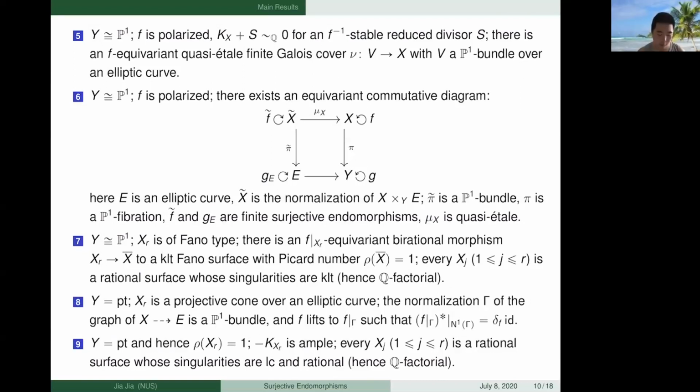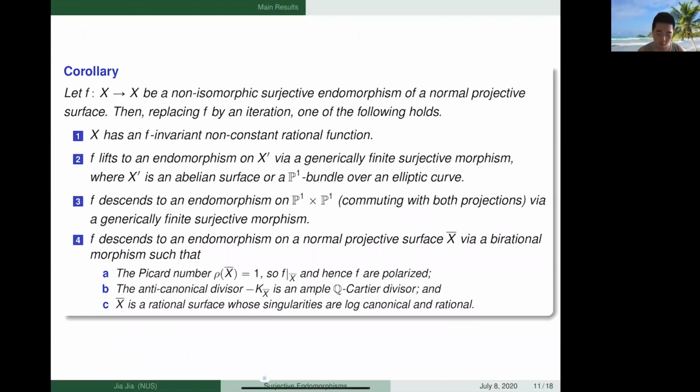And notice our structure theorem is very long, so I have this corollary, which is a refined version of the main theorem. Let F from X to X be a non-isomorphic surjective endomorphism of a normal projective surface X. Then, after replacing F by an iteration, one of the following 4 cases occurs.